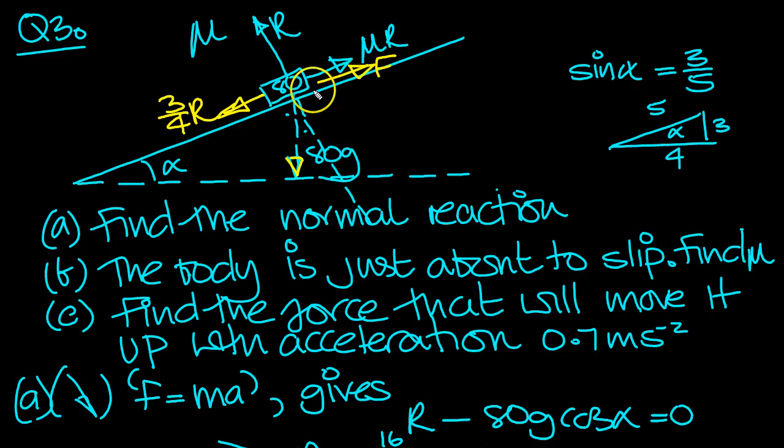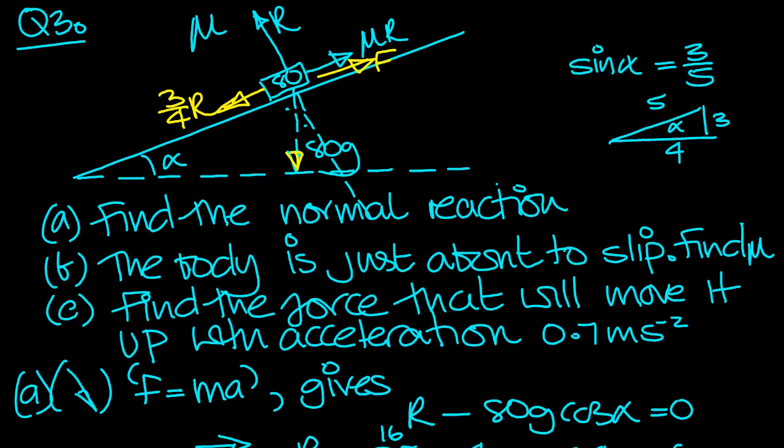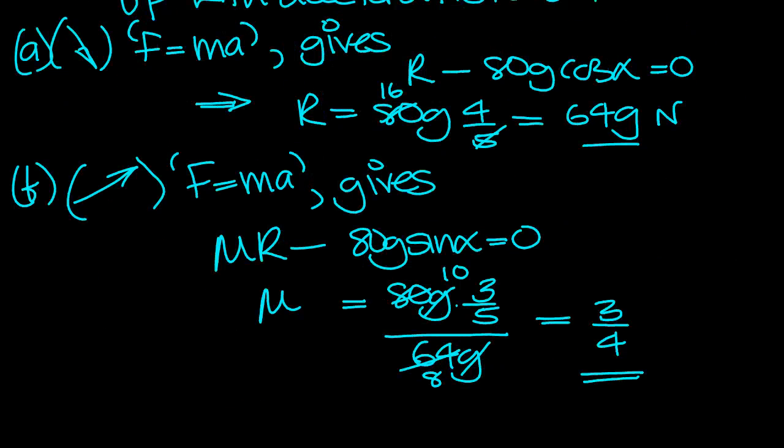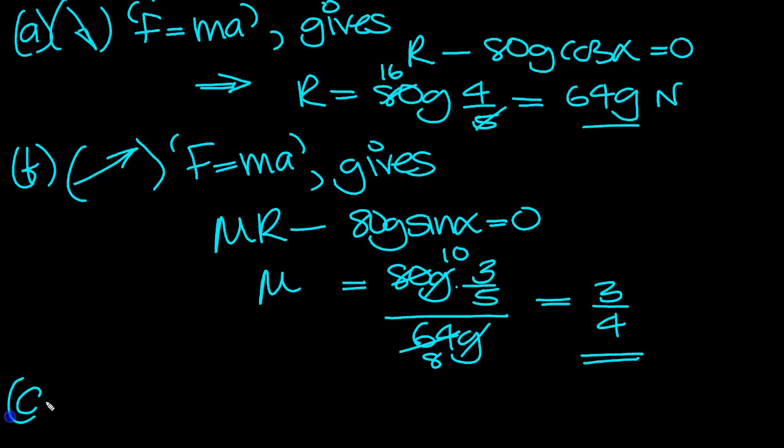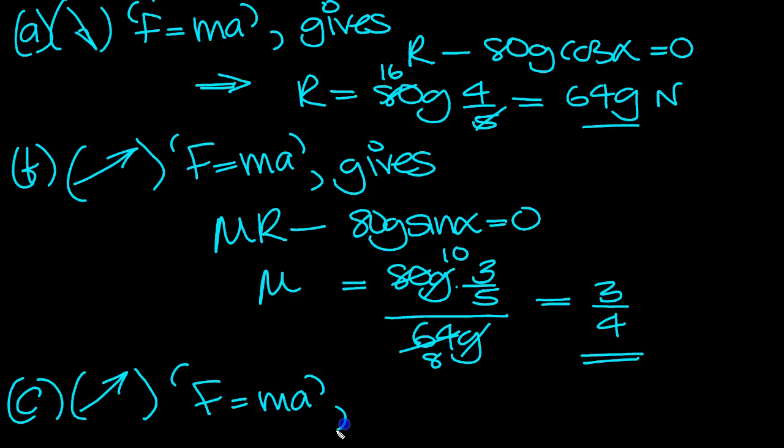We know the acceleration though, don't we? So let's apply F equals ma up the slope now. So this is part C. Apply it up the slope, line of greatest slope. F equals ma then.